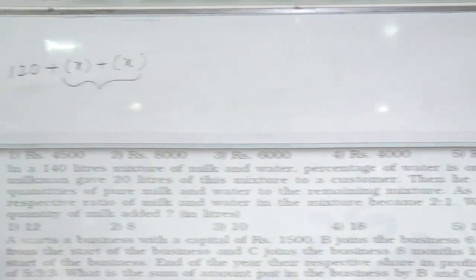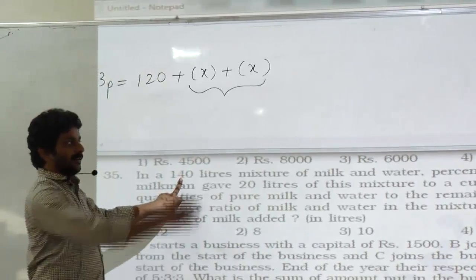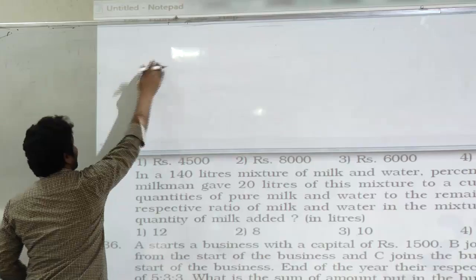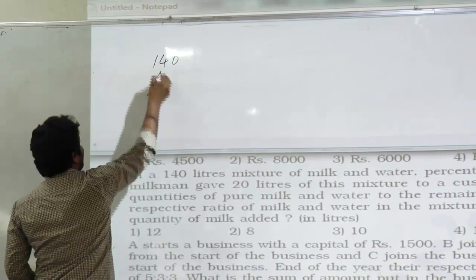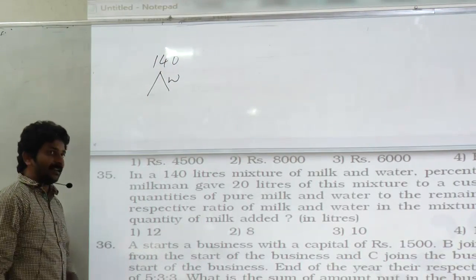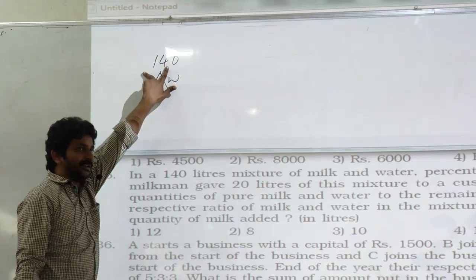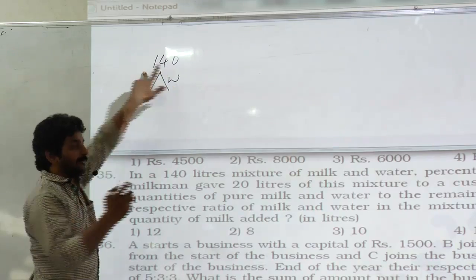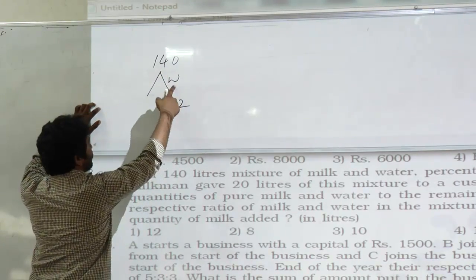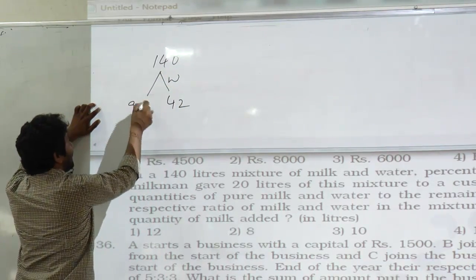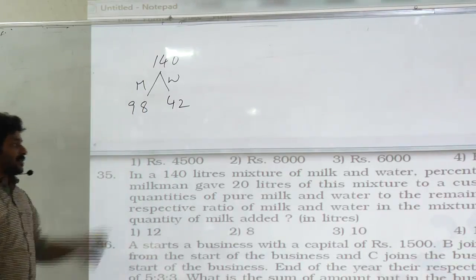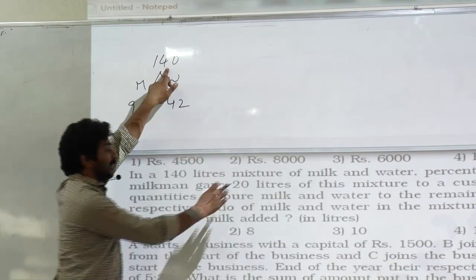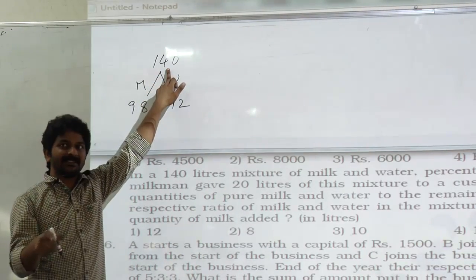Now let's do it. Out of 140 liters, water occupies 30%. If it is 30% out of 140, can you tell me what is water content here? 10% is 14, 20% 28, 30% 42. If you have 42 liters of water, there will be 98 liters of milk. How much quantity is taken out? 20 liters. Out of 140, 20 is 1/7.